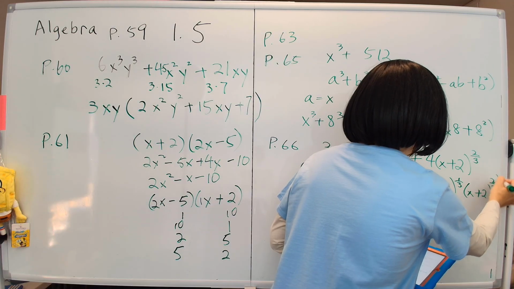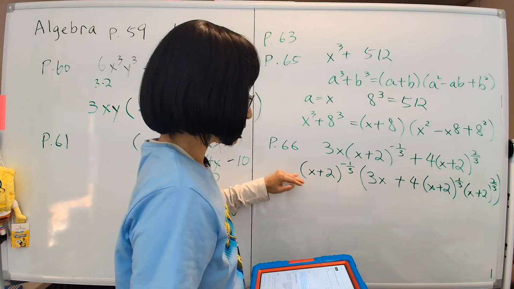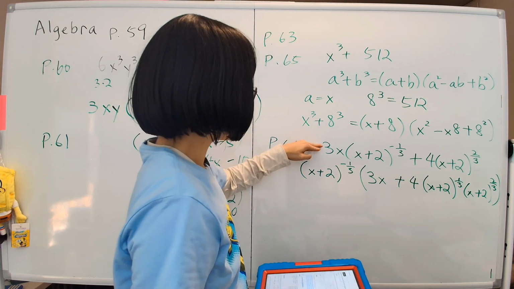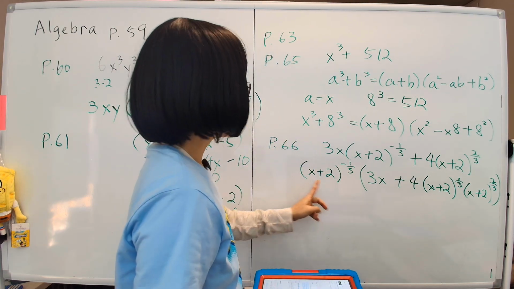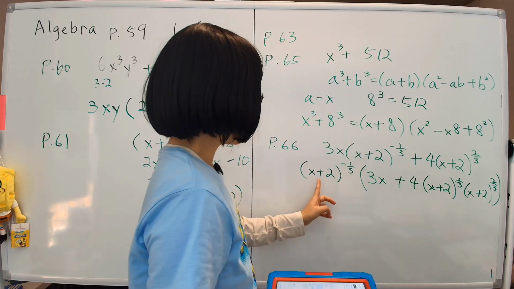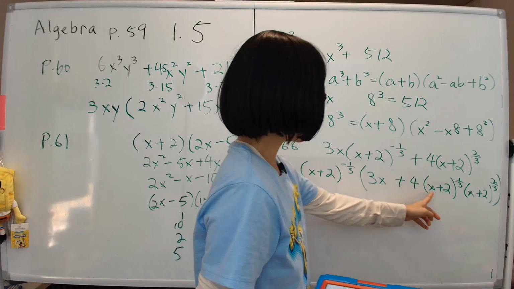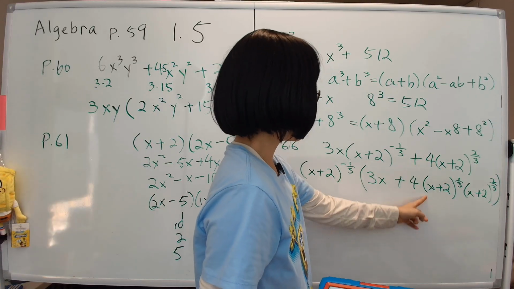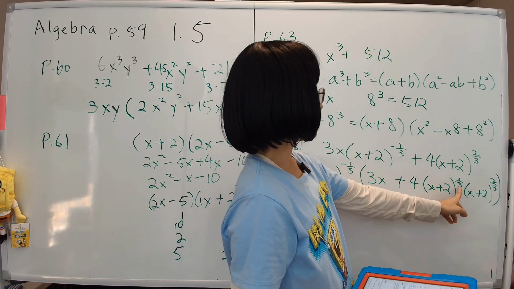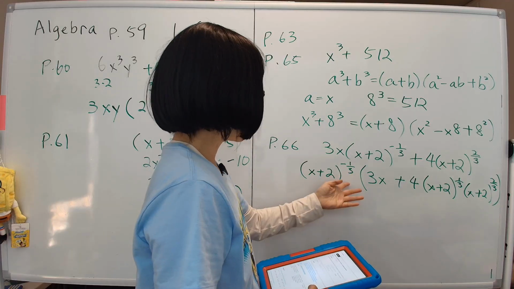The reason we're doing that is that this line has to be equal to the original when you multiply it out. So when you multiply this by this, that will be that term, and when you multiply this by that, these two will cancel, and you will end up with that again. That's why you need to multiply by the 1/3 power if you're going to factor this thing out.